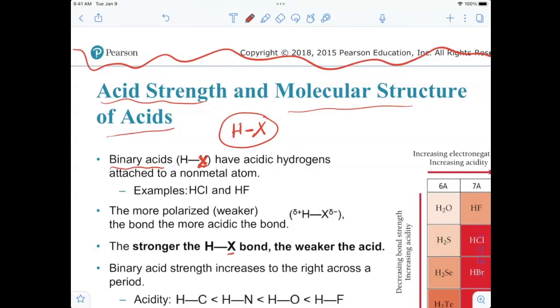Most binary acids, about 95% of binary acids, are made up of two different types of elements. There are a few that are called binary that are actually made up of three elements. Okay? For example, hydrocyanic acid or HCN.